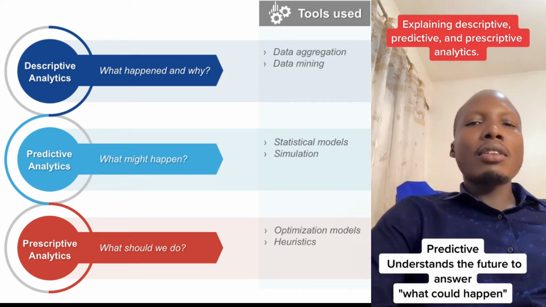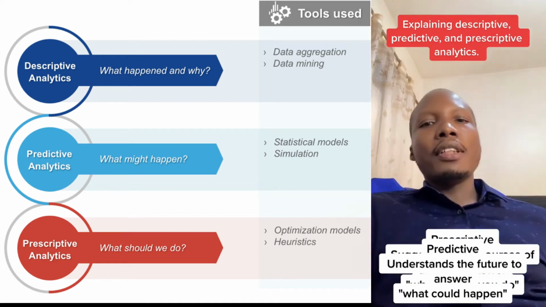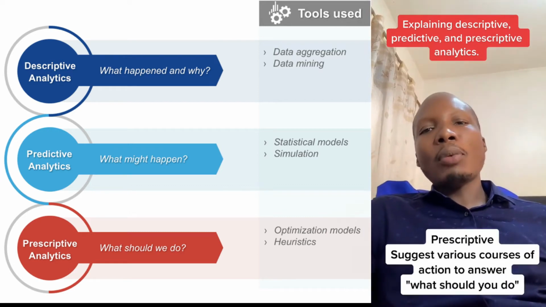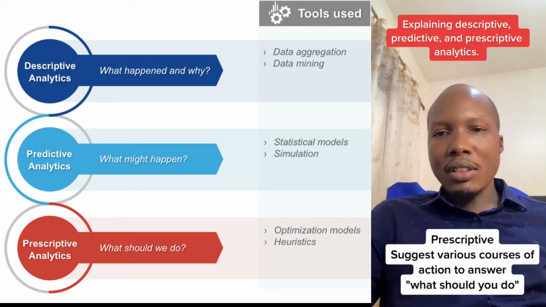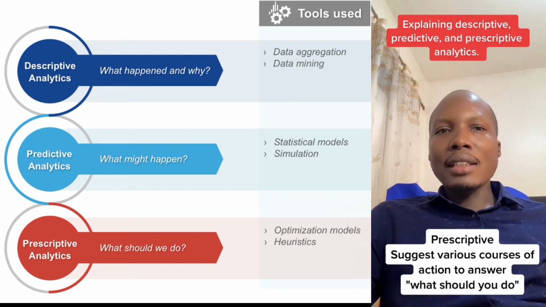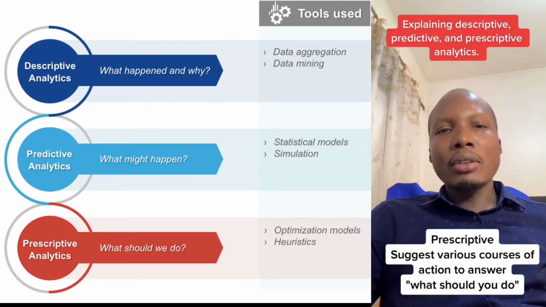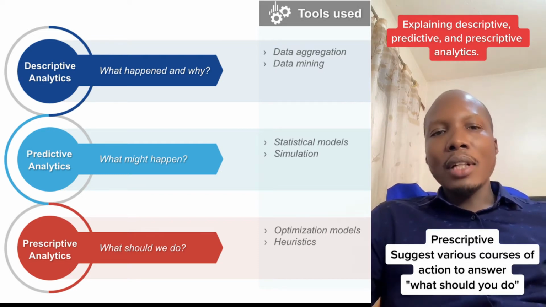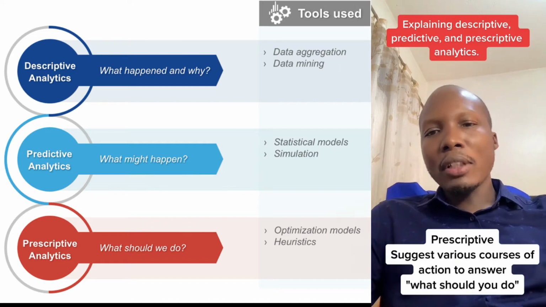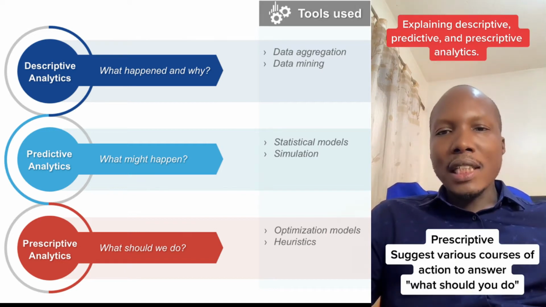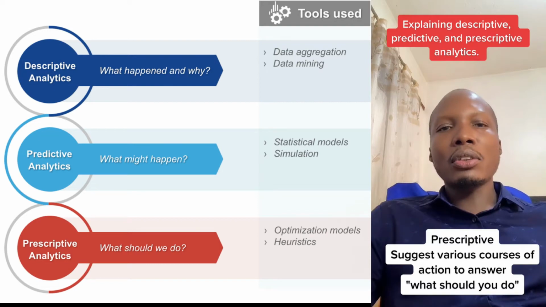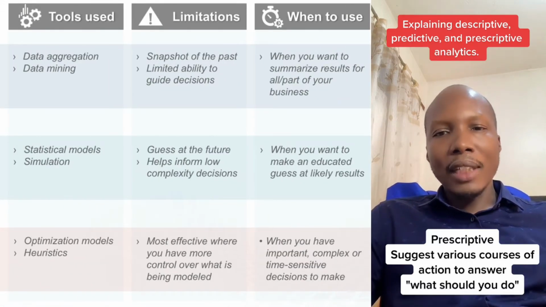Then the last one is going to be prescriptive. The prescriptive one suggests various courses of action to answer what should you do. Exactly like optimizing: what should I do to make sure that I reach this number of sales? Maybe I produce this quantity, or I produce less, or I increase or decrease the price, or avail discounts, give soft loans or credits to customers to ramp up my sales.